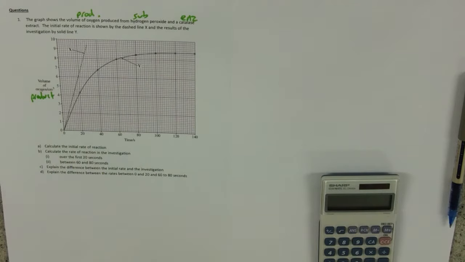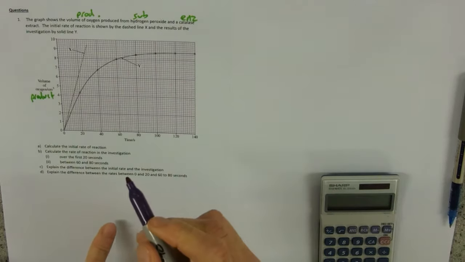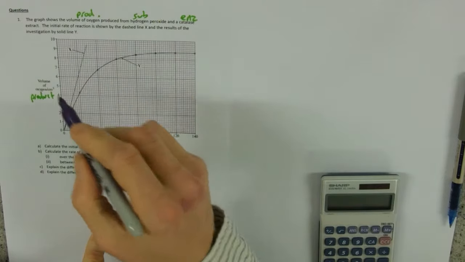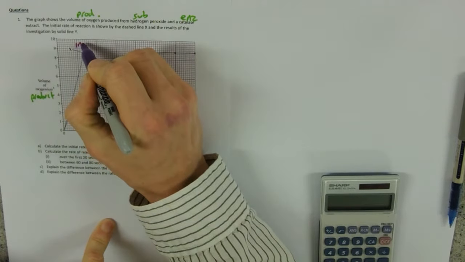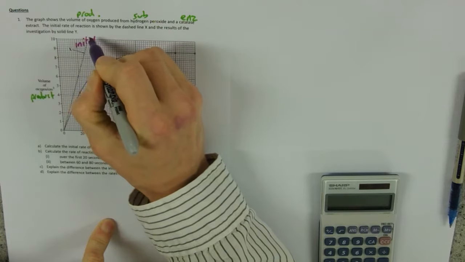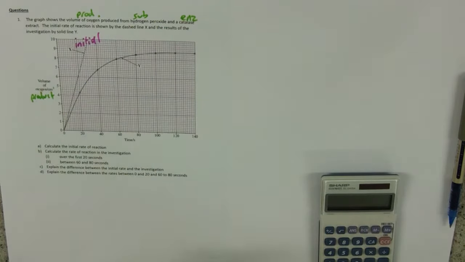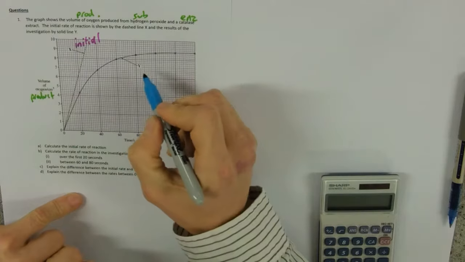We've got two lines on here, X and Y. So X, what's that? That's the initial rate of reaction. And then Y, what is Y?